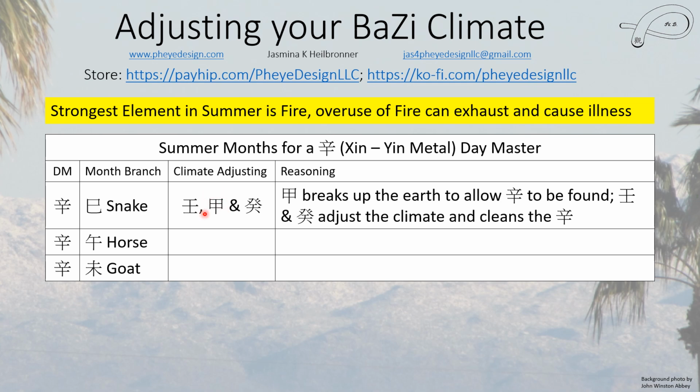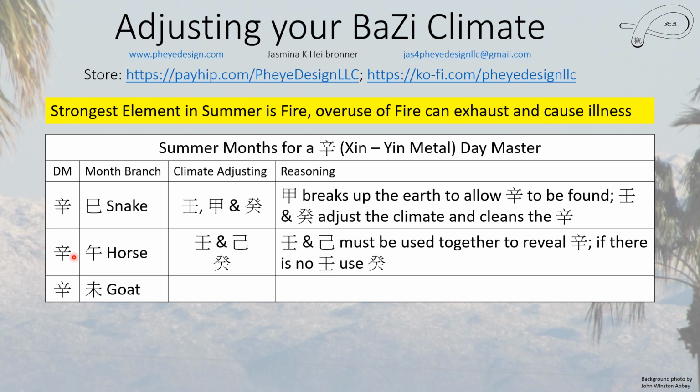But you still need some jia wood to break up the earth so that you can find the metal. And the water adjusts the climate as well as cleaning the metal. If you've ever watched how they go from an ore to a finished metal, it involves water and fire, and of course digging it out of the earth.